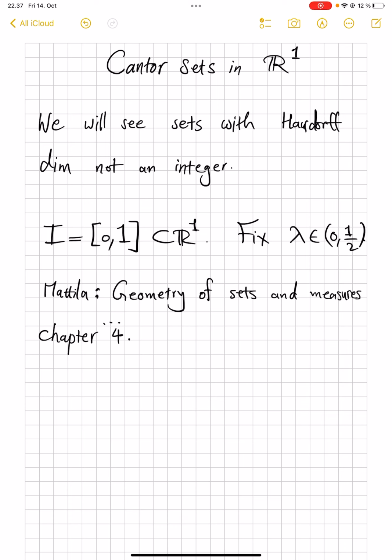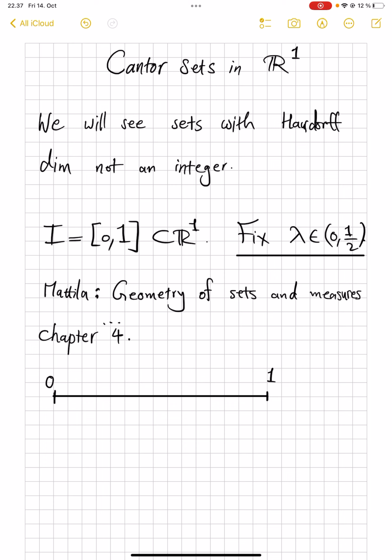Okay, so we will construct a Cantor set corresponding to this lambda. And how we do it is quite easy to explain. So you have 0 and 1.